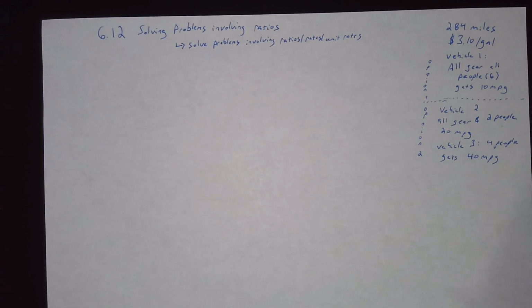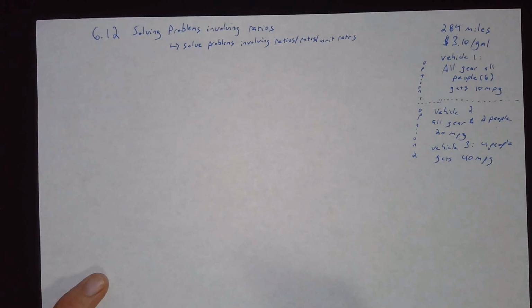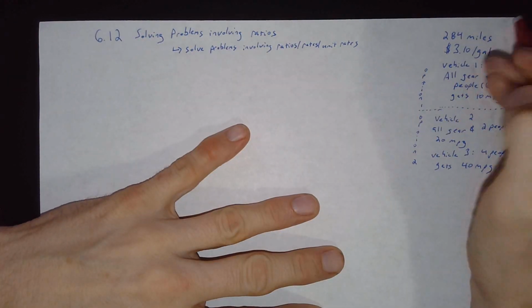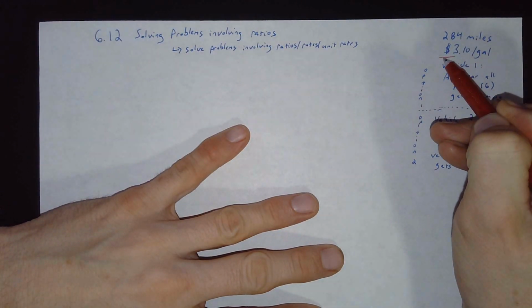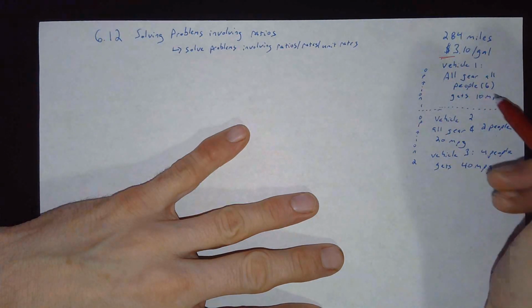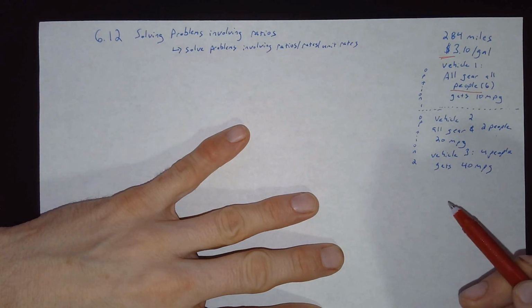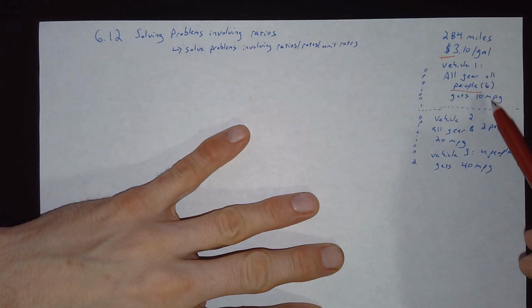Right, so I'm given all this stuff here, and I know that what I'm trying to find at the end of the day is dollars per people, right? Dollars per people. So I'll figure out how much this option is going to cost. Option one.